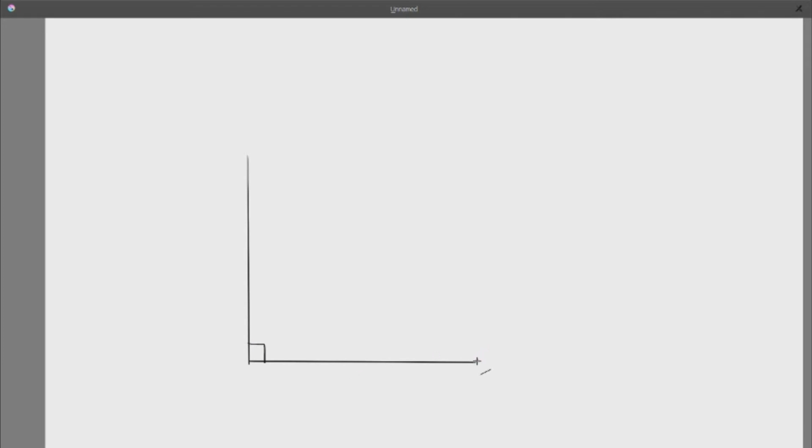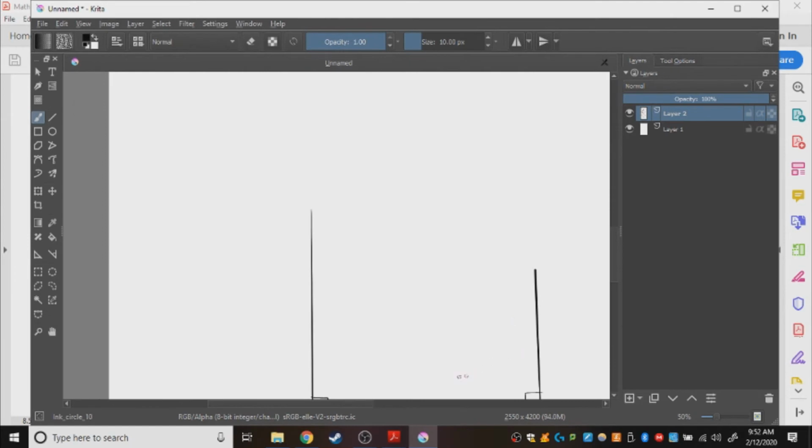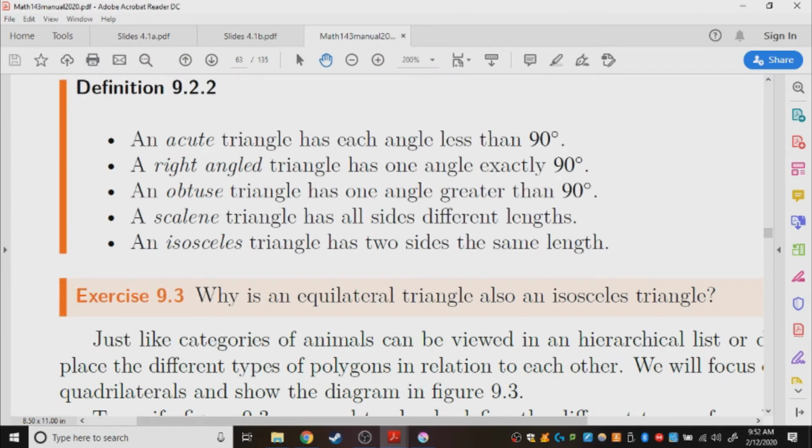If I want another 90-degree angle, I can't close the shape. I only have a triangle, so it's not possible. Only one angle can be 90 degrees. I can have one angle nice and wide, bigger than 90 degrees, then it's called an obtuse triangle.